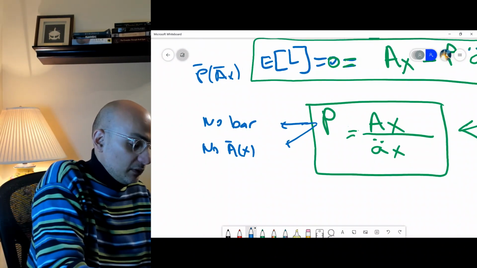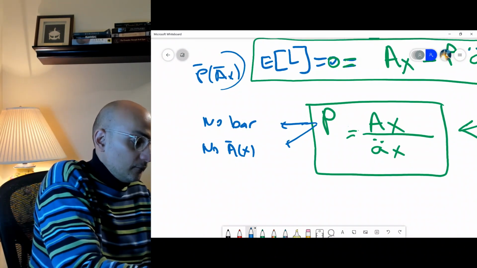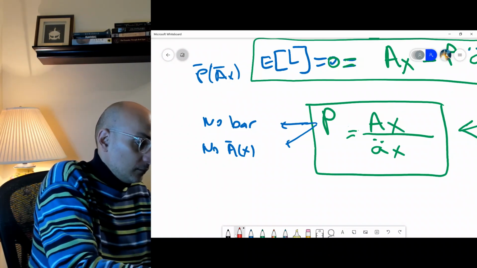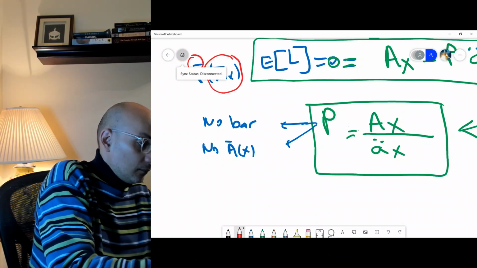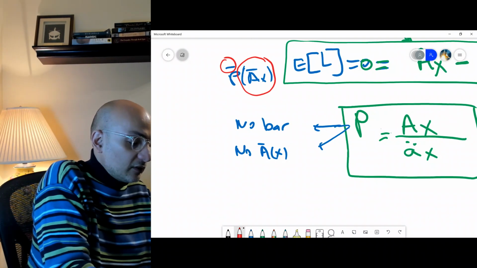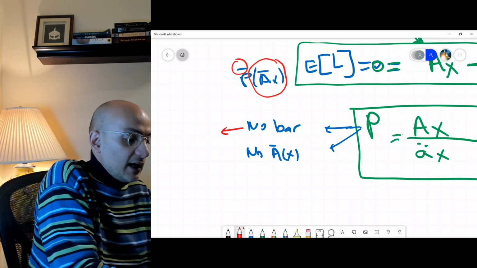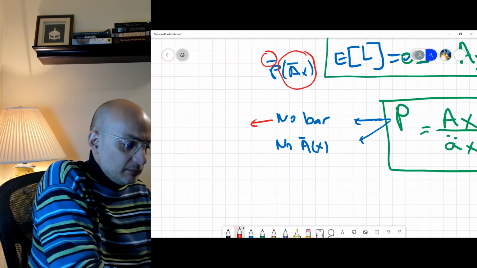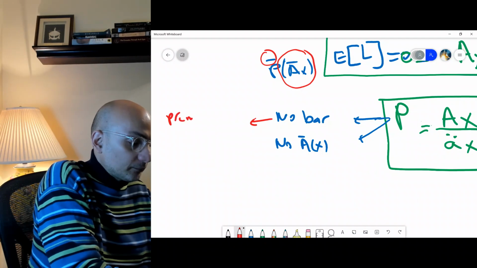If you compare it with this here. So for the discrete case, the no bar tells us that it's discrete premium, or premium paid at start of year.